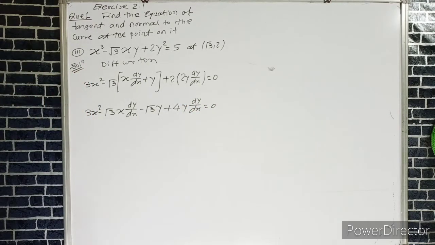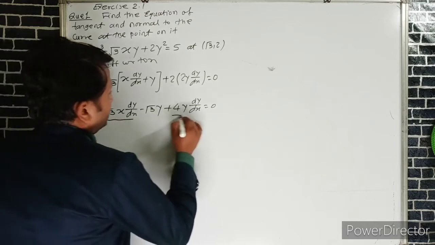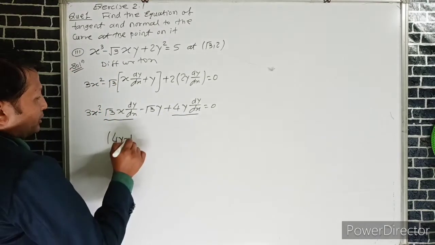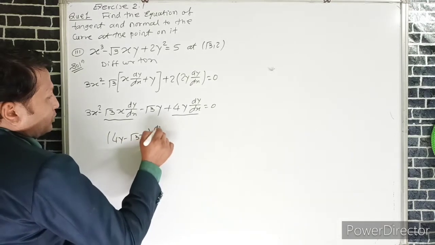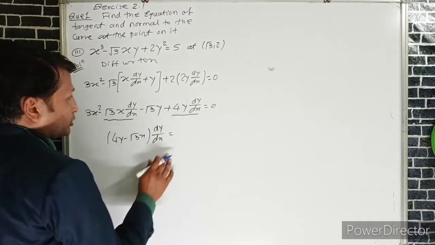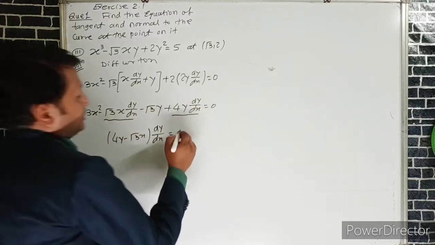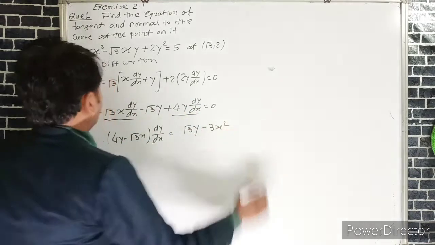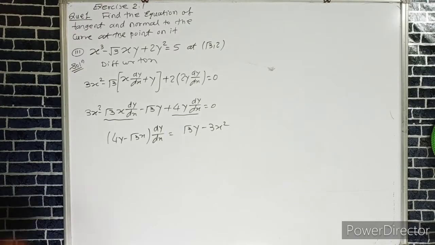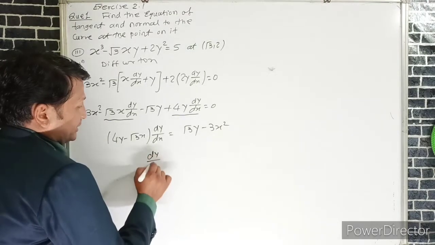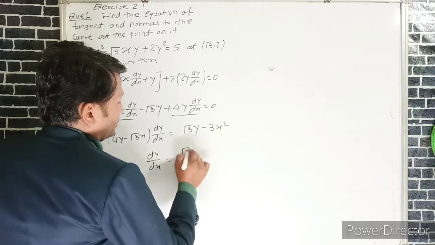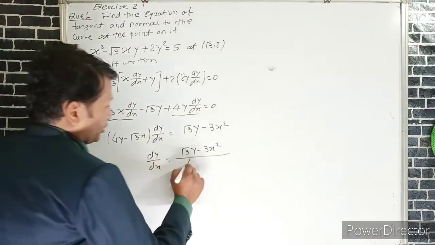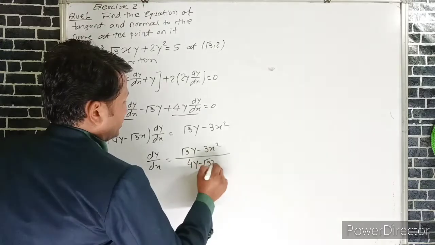So here, if we take dy by dx common from both terms, we can write 4y minus under root 3x into dy by dx equals the remaining term, if we shift to the right side, under root 3y minus 3x square. So here dy by dx equals under root 3y minus 3x square upon 4y minus under root 3x.